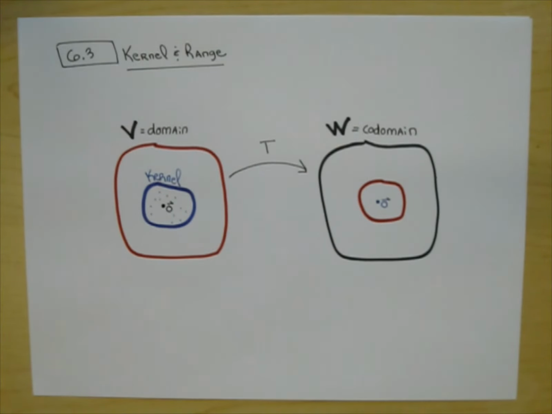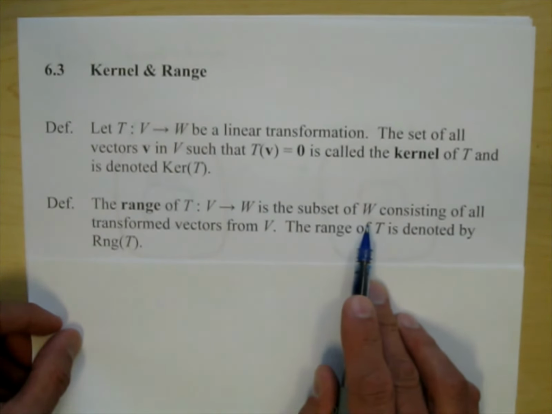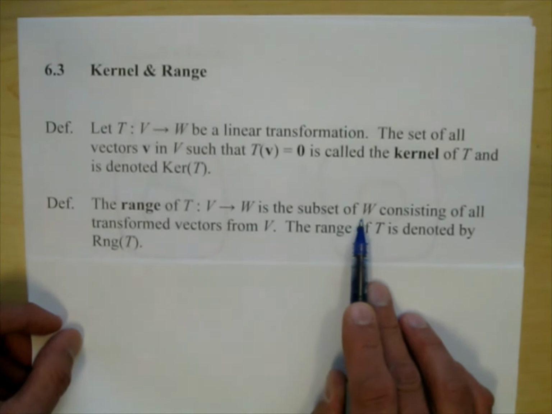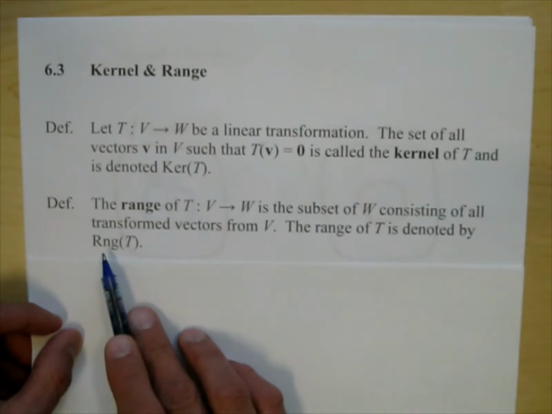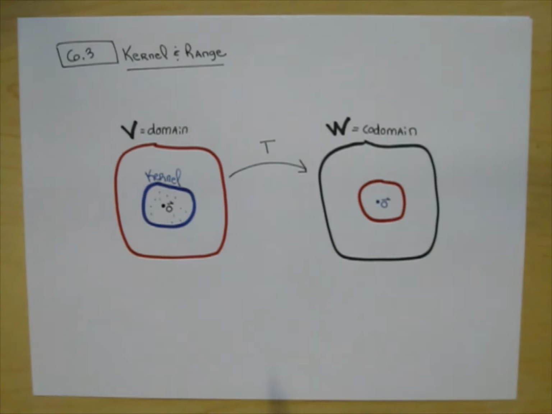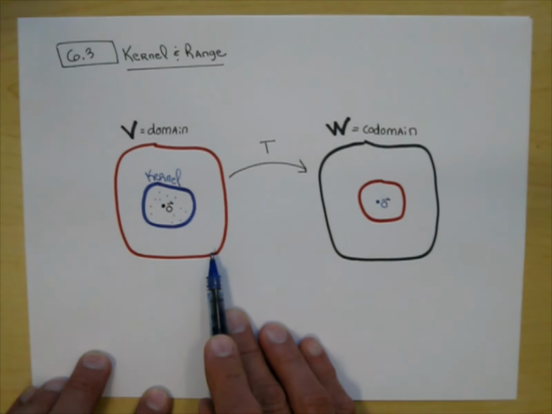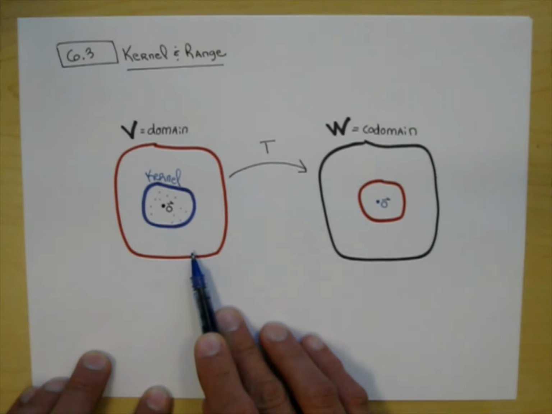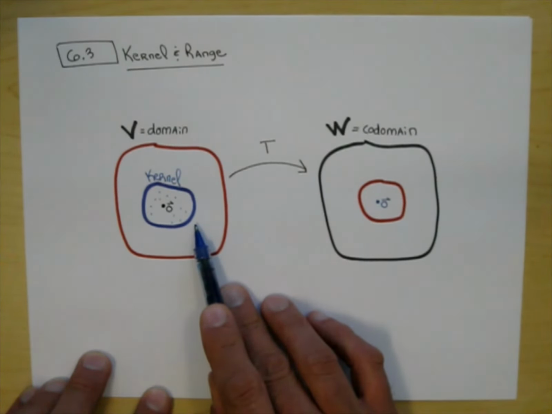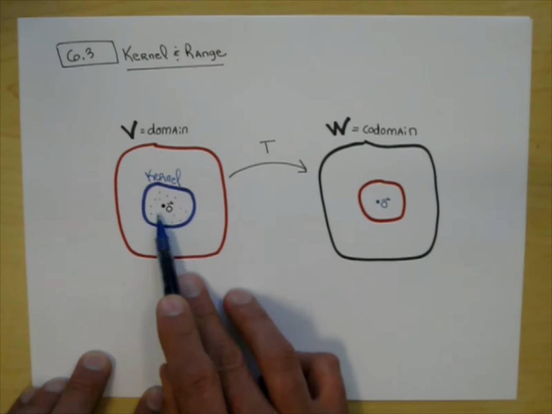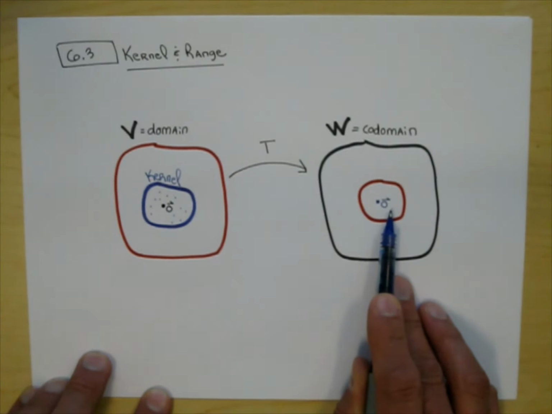Now let's talk about the range. The range of any linear transformation is the subset of W consisting of all transformed vectors from V. The range is denoted by rng of T. So if you took each of the vectors in the domain and started mapping them to the codomain through the linear transformation, and let's say all these vectors are red, then you would start landing over here and making little red dots.